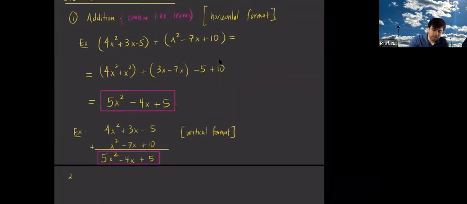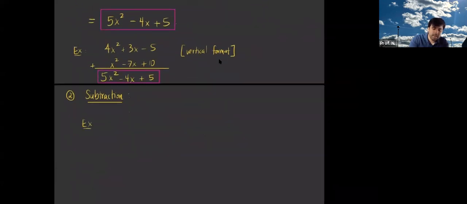So that's addition. Now the next thing is subtraction, right? We can subtract polynomials as well. Now this one, I just need to emphasize one thing in particular. So when we have x squared minus 2x plus 7, and I want to subtract this from 3x squared minus 4x plus 7, I have to do one thing, and a lot of people gloss over this one thing.